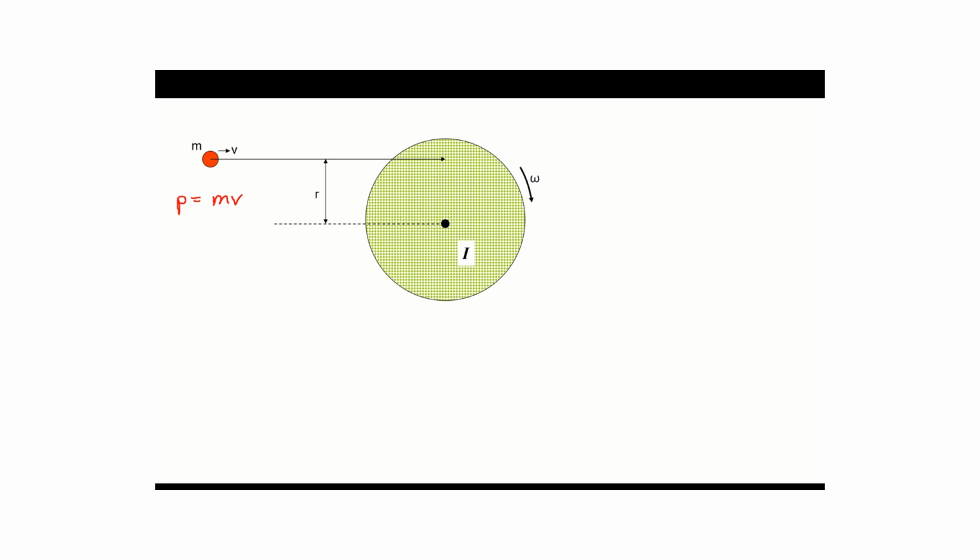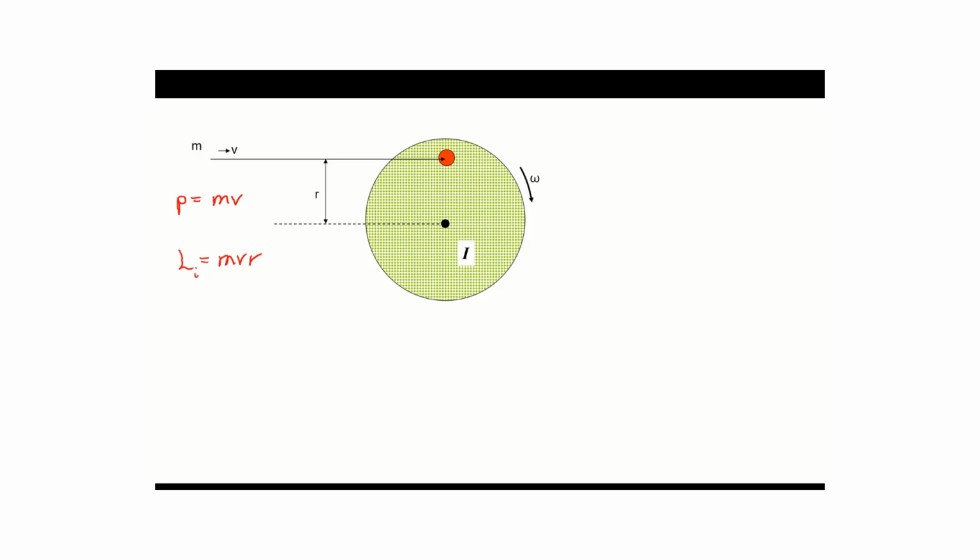Compared to the centre of the circle, the centre of the merry-go-round, we have got them having an angular momentum equal to mvr, where r is the perpendicular distance of their path from the point of rotation. So here we go. Jumps on the merry-go-round and goes round. So this is the initial angular momentum.